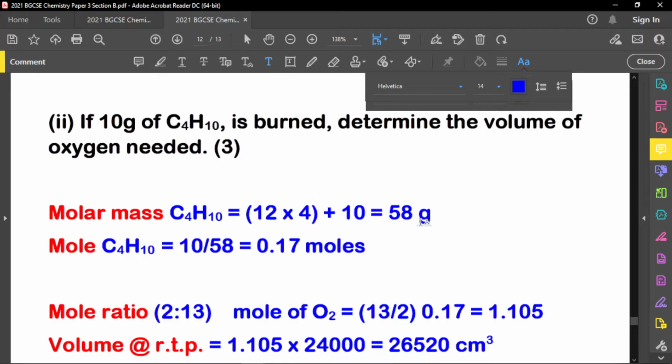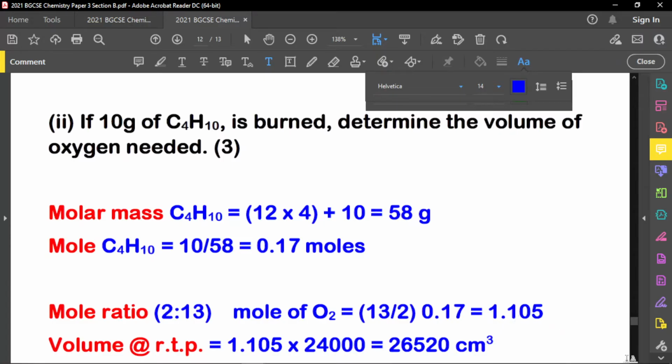So we get 58 grams here. And so we're going to say the 10 grams divided by 58 gives us 0.17 moles. And then based upon the molar ratio, 2 to 13 molar ratio, what we're going to do here now is to find the moles of oxygen by dividing the 13 over the 2 to find 1 part. What will be the value of 1 part? And so therefore we multiply that by the moles. What you get here is 1.105 moles.